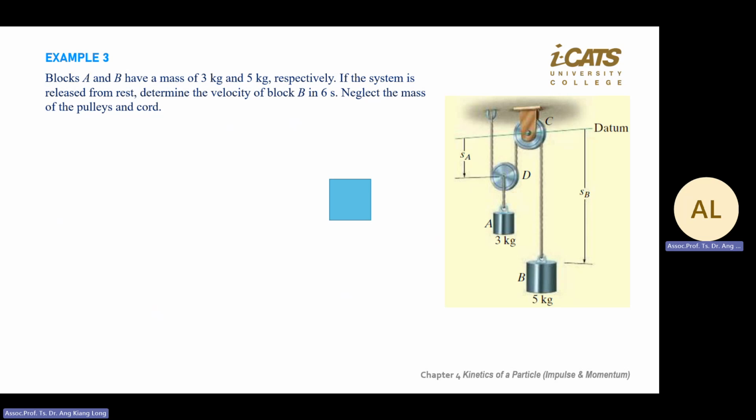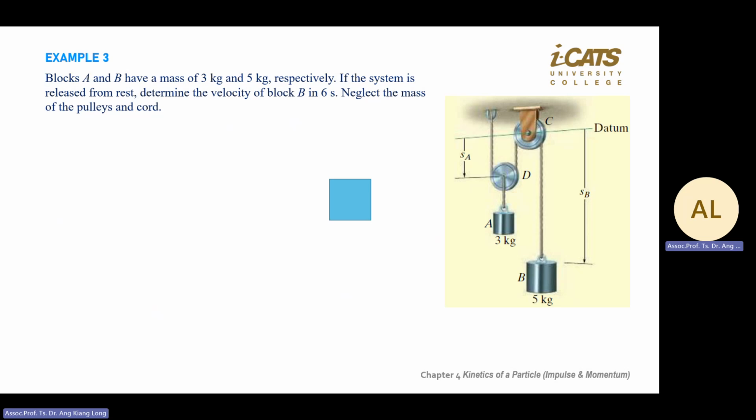B is much heavier, so B will go down and A will go up. This is common sense. B heavier, goes down, A goes up. If the system is released from rest, it gives you the initial V already. Usually it starts from rest. Determine the velocity of block B in second. Ignore the mass of the pulley and cord.